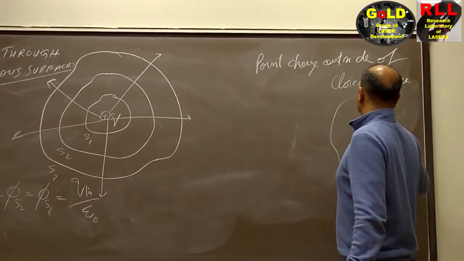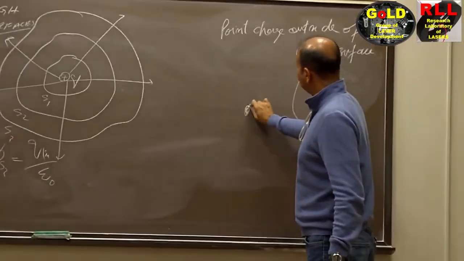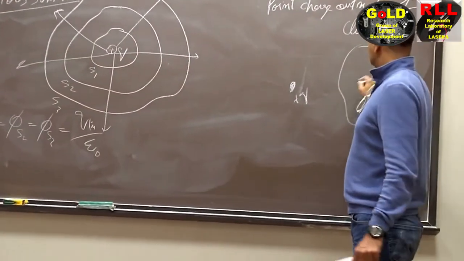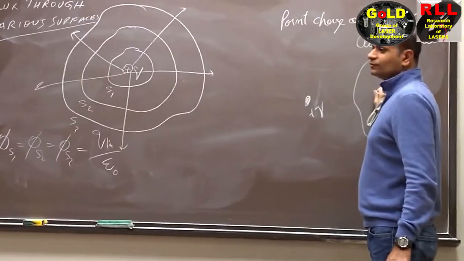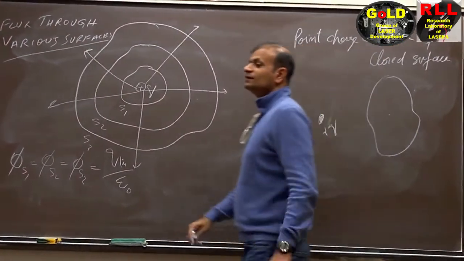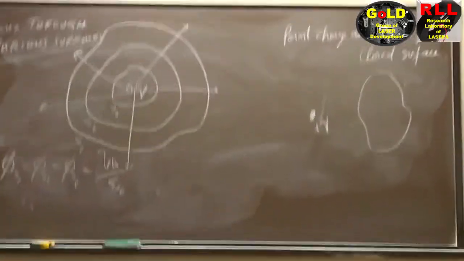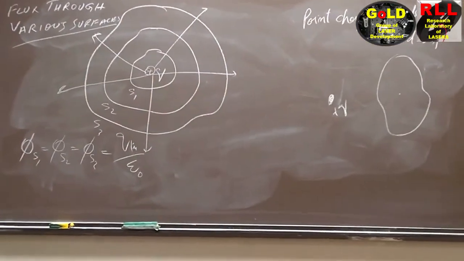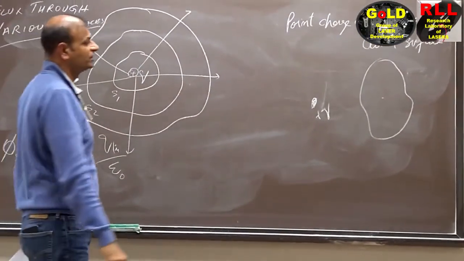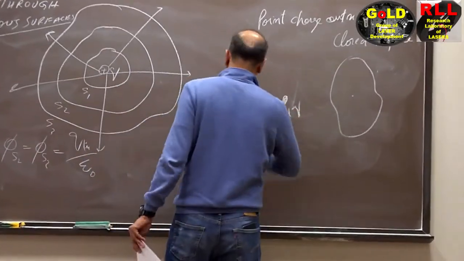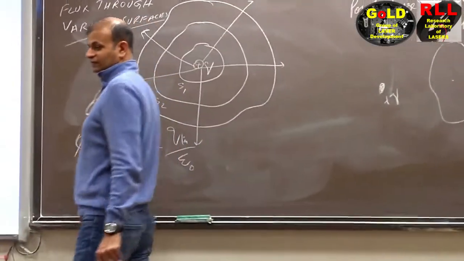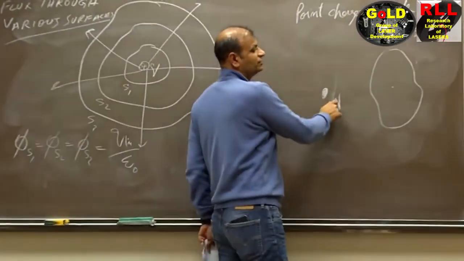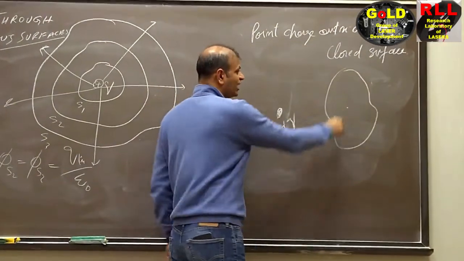Now, a point charge outside of a closed surface: if there is a surface and the charge is here. In this chapter, how can you apply Gauss's law? The surface should be closed. We always assume a closed surface. If the charge is outside, it means there is no charge inside.